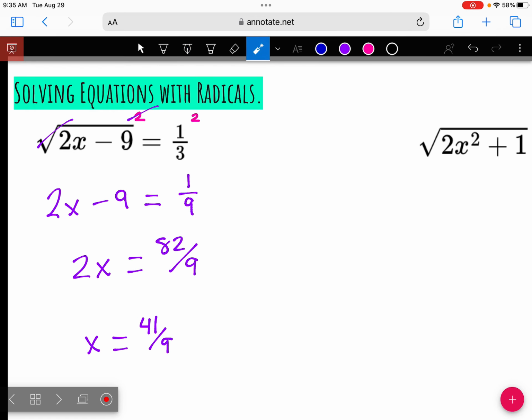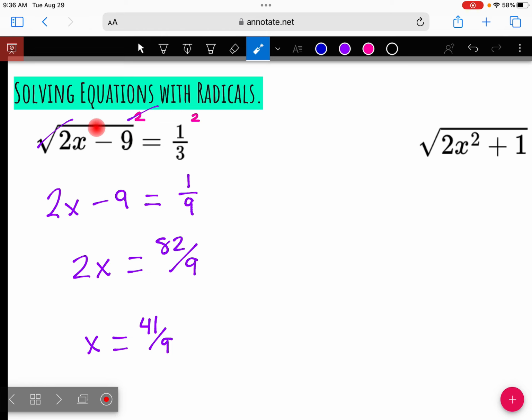I always recommend we go through and double check that this is not going to give us a negative under the square root, so we do need to check it. So if I take 41/9 times 2, that gives back our 82/9, which is 9 1/9 basically. Minus 9, is that a positive number under that square root? Yeah, it'll be 1/9, but it is positive.